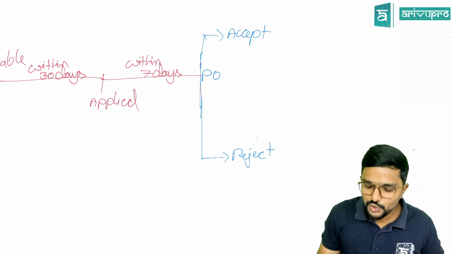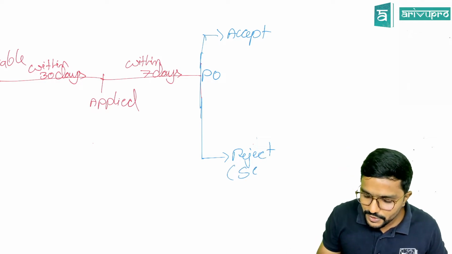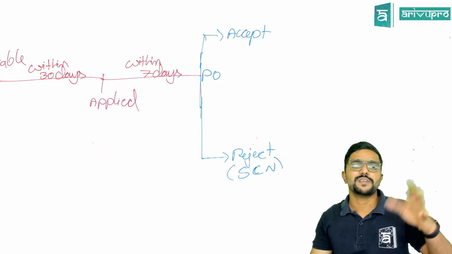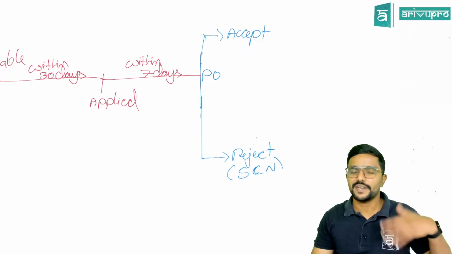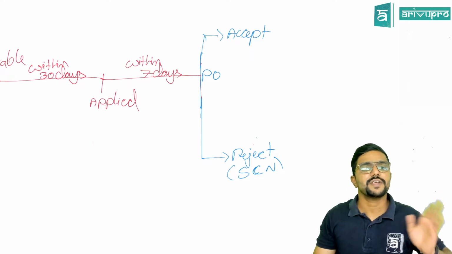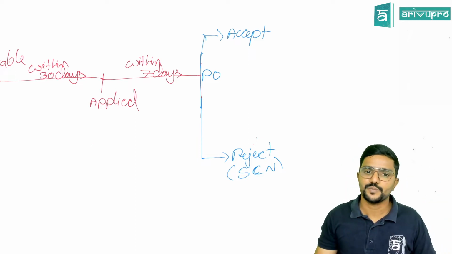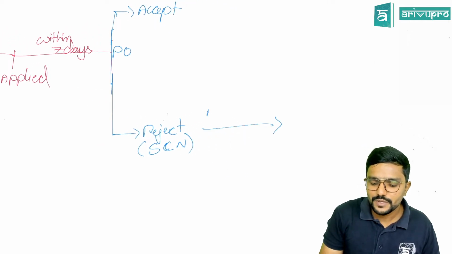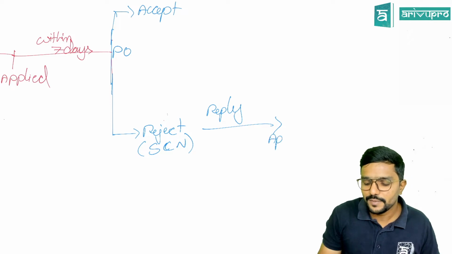He should give me a show cause notice, telling why this information is given, I am not satisfied, or if he wants any additional information or clarification. And once a show cause notice is issued, the applicant will reply to it.